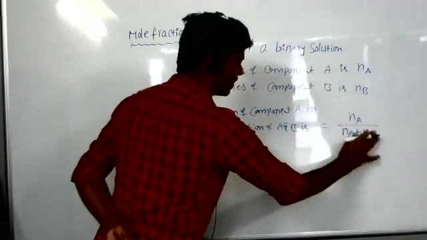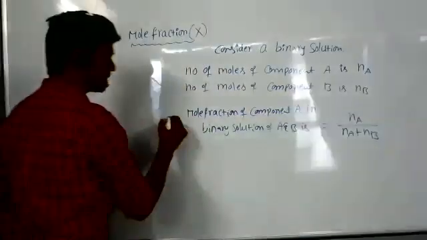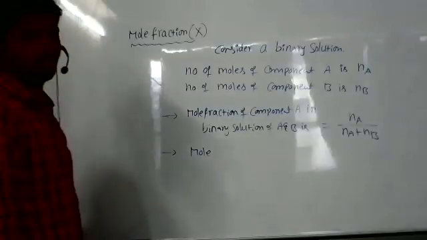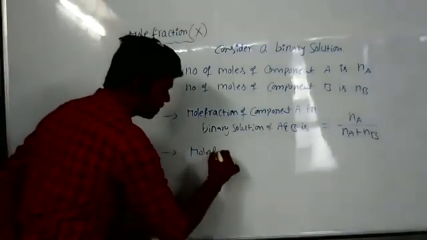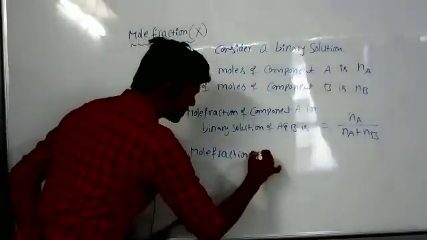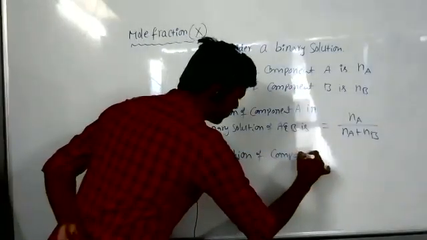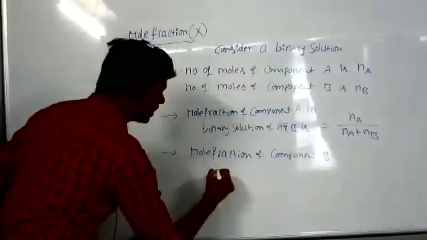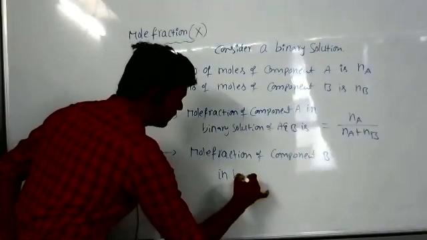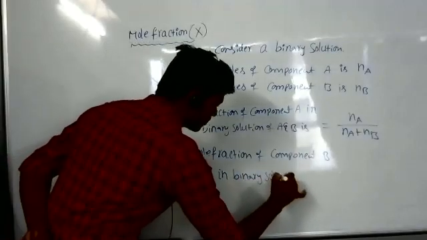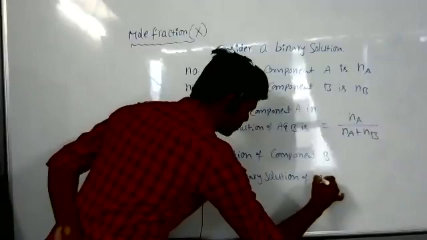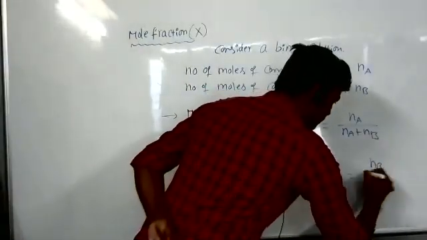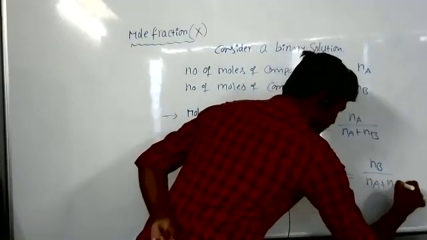This is the mole fraction of A. Next, the mole fraction of component B in a binary solution of A and B is Nb by Na plus Nb.